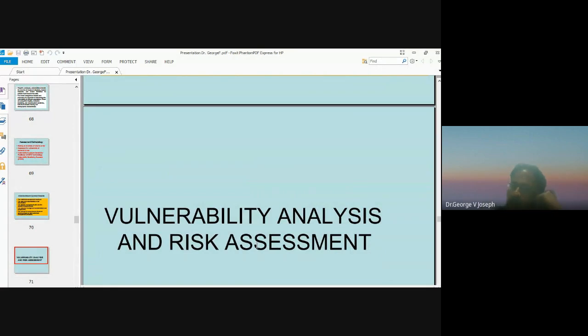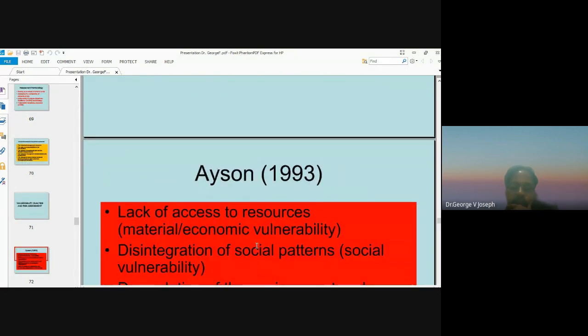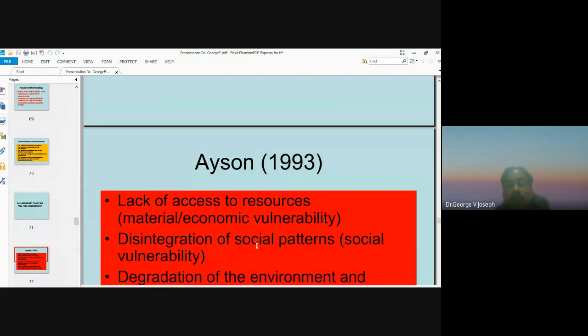Coming to vulnerability analysis and risk assessment, ISO has written about various factors. One is lack of access to resources, whether material or economic, which can create more vulnerability.